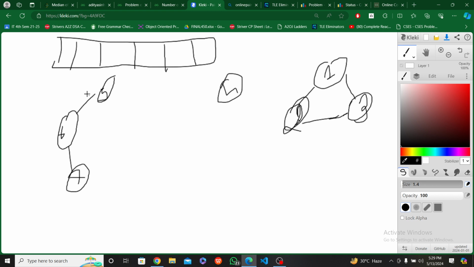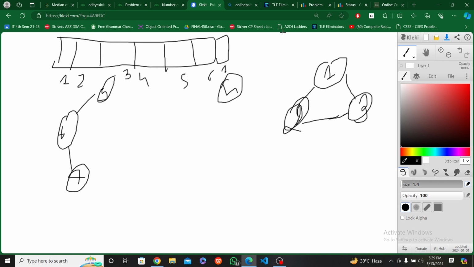Okay, this is one, this is second, this is third, this is fourth, this is fifth, and this is sixth, and one more vertex we have, that is 7.